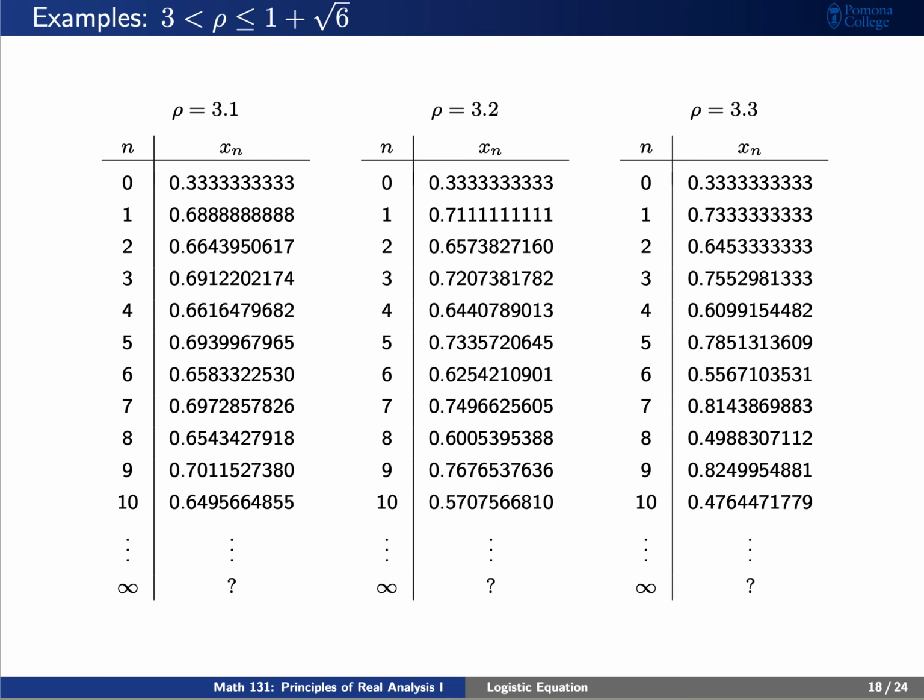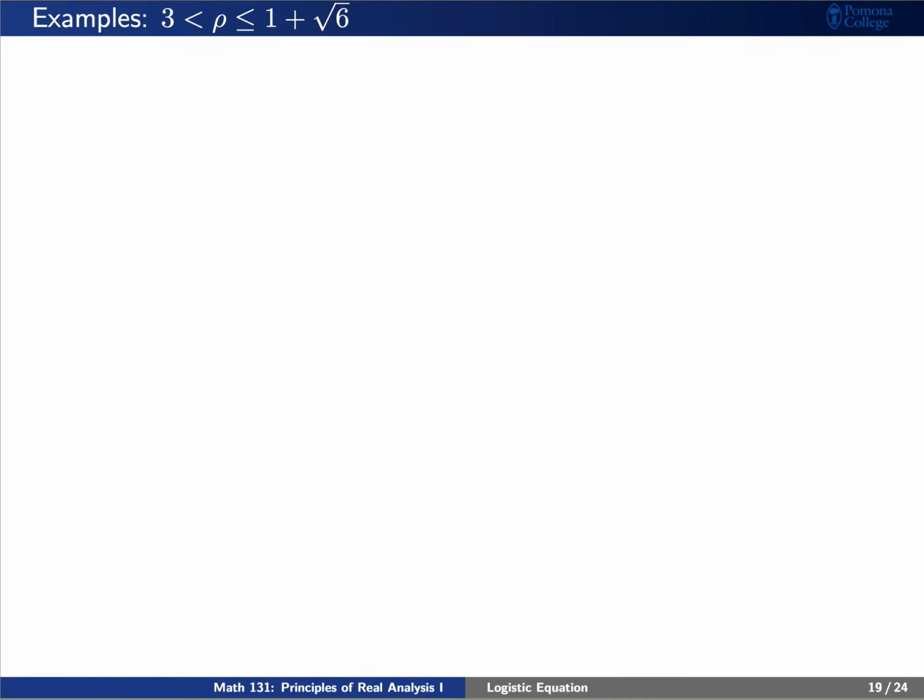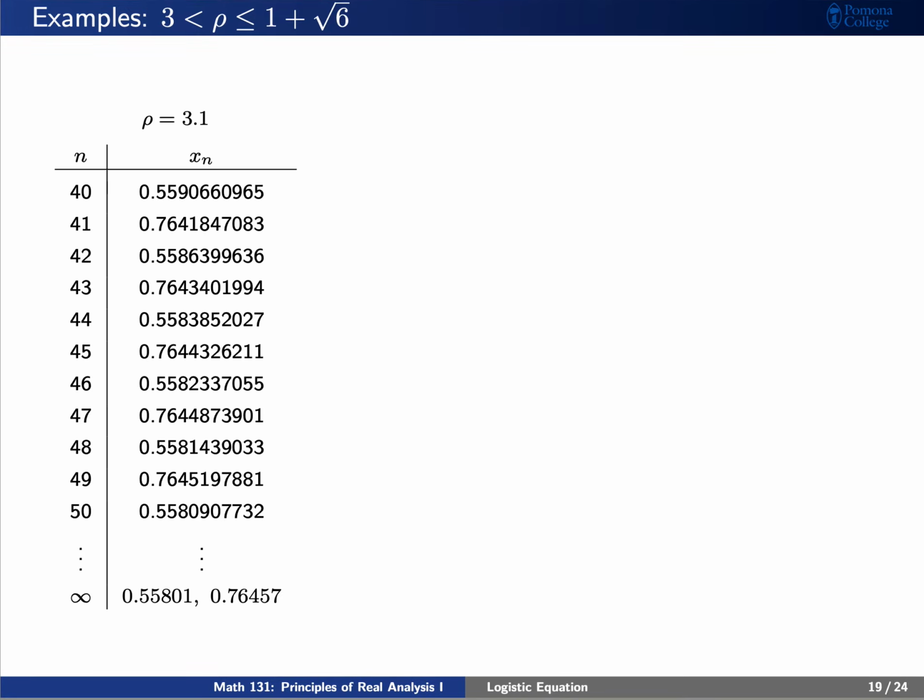Instead, let's move out further in the sequences to see if we can get a better idea of what's happening. We'll start with rho equal to 3.1, but now let's look further out in the sequence. Now a pattern emerges. We see that we're bouncing back and forth between 0.56 and 0.76. The numbers are bouncing back and forth between two different values.